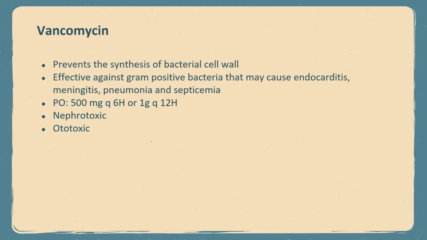Okay? Last but not the least is the vancomycin, which is capable of preventing the synthesis of the bacterial cell wall, and it is effective against gram-positive bacteria that may cause endocarditis. Sino po yung mga bacteria na yon that can cause endocarditis, meningitis, pneumonia, and septicemia?